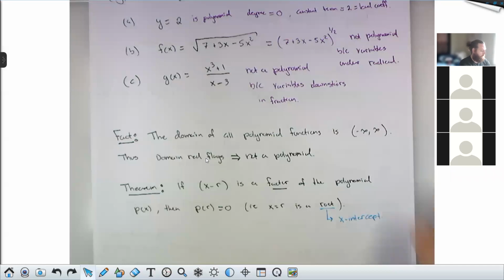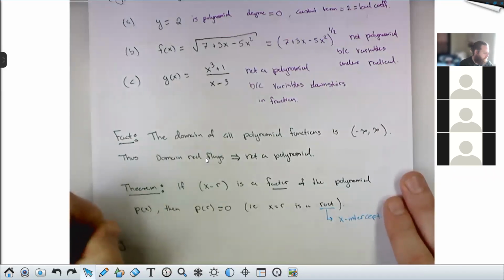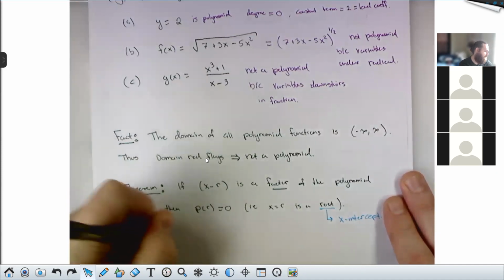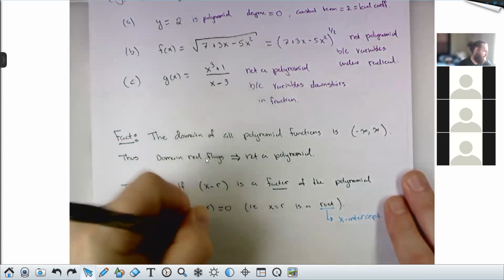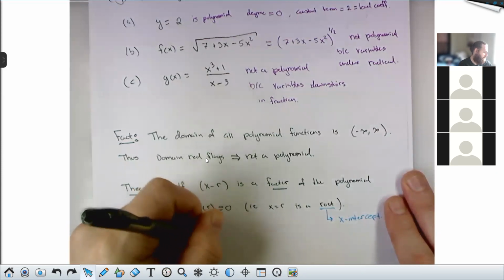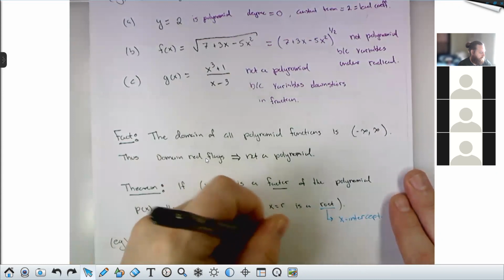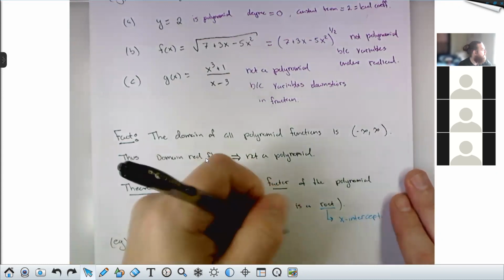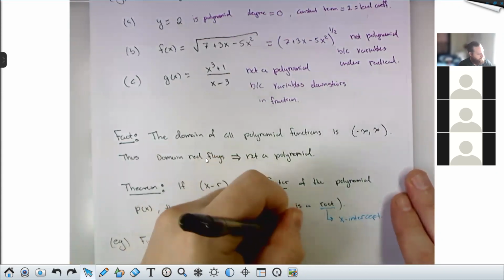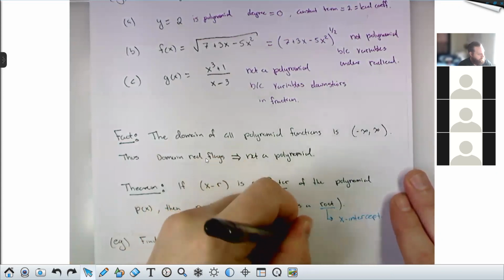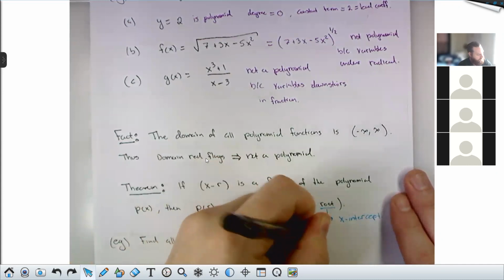So let's see if we can work a quick problem like this. Let's find all the roots of the polynomial p of x equals x to the 4 minus 9x squared.